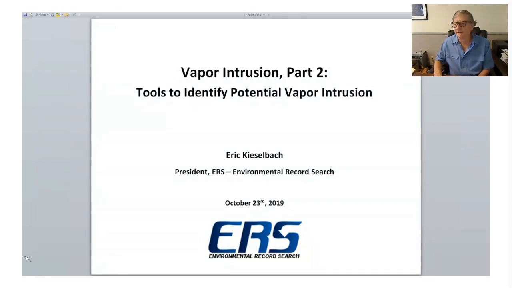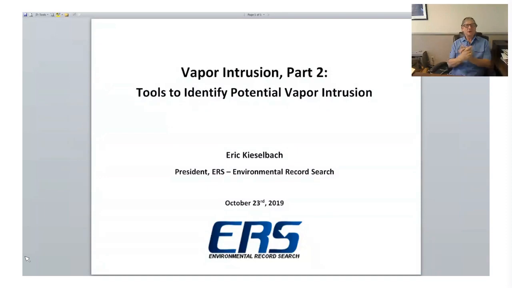So the very first thing is what things should you order in order to review for vapor intrusion when you're writing your phase 1 report. Now you should really do vapor intrusion as you're looking for any other kind of recognized environmental condition. Today we're only going to focus on vapor intrusion.